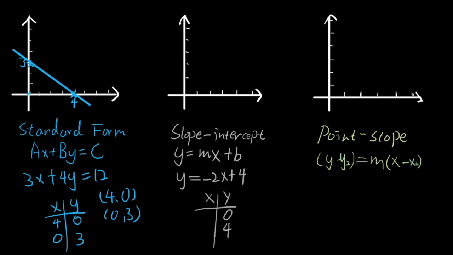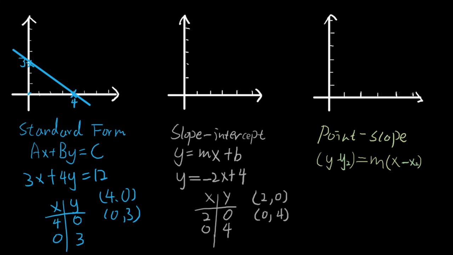And for the x-intercept, 0 equals minus 2x plus 4, which means minus 2x equals minus 4, so x equals 2, y is 0. That's pretty easy. So we got these 2 points on the line, which are (2, 0) and (0, 4).